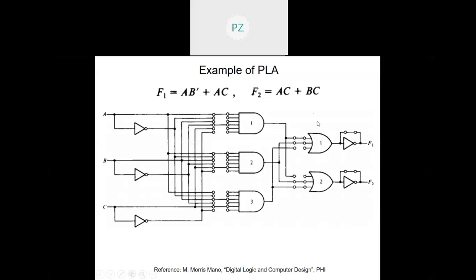Now the next example will be the case where I'll try to minimize both F1 as well as F1', F2 as well as F2', and then I'll see which combination is going to give me fewer product terms, because each product term will require an AND gate.